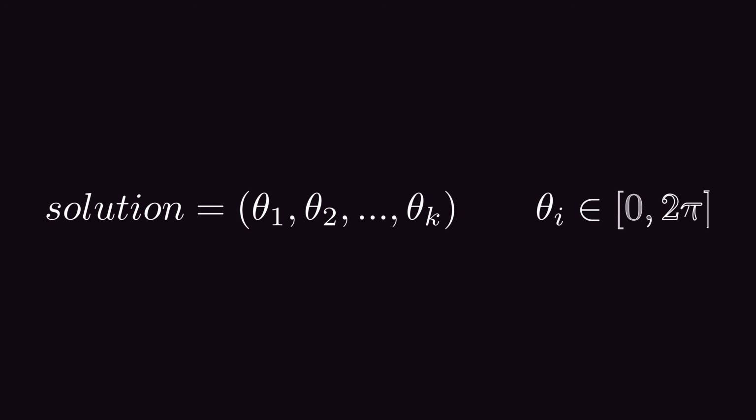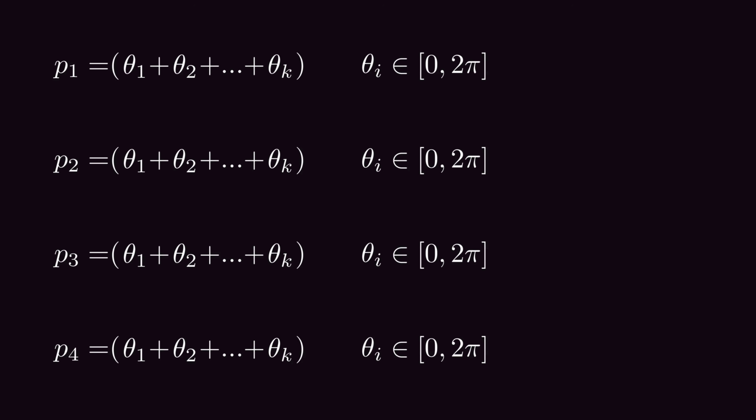Nice. Now how to apply PSO to our case? Remember that our goal is to find what angles will get our end effector to the ball. So a solution is an array of k values between 0 and 2 pi, where k is the number of parts. And a particle in PSO represents a single solution, so we create many of them, depending on the value of the num_particles hyperparameter.